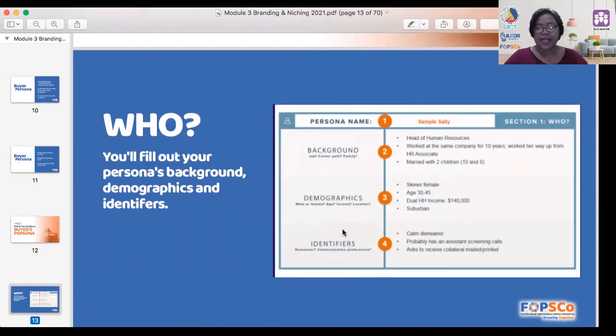So for her background, the sample here would be Sally: head of human resources, worked at the company for 10 years, married with 2 children, and the children are teenagers, the 8-year-old almost a teenager. So that's the background. Demographics: how old is she? Dual income, so somehow you have an idea whether she can afford it or not, right? Where does she live, suburban or in an urban area?